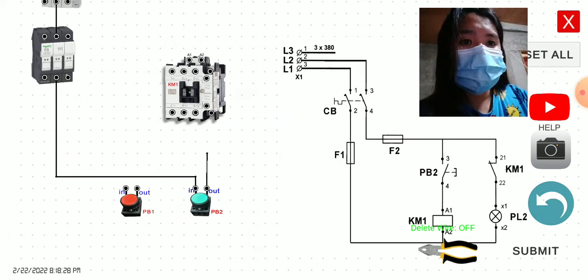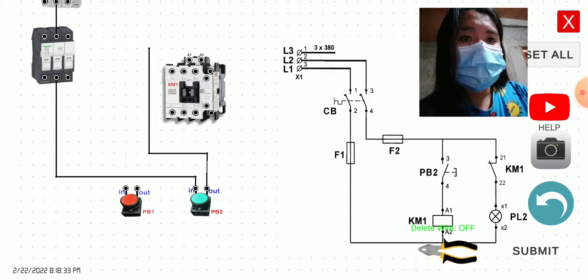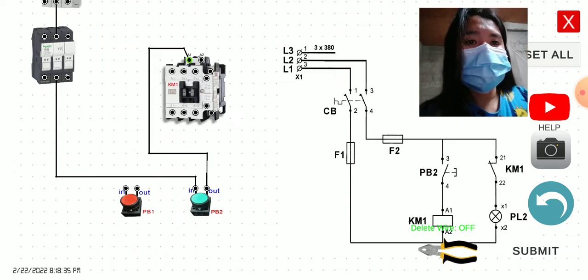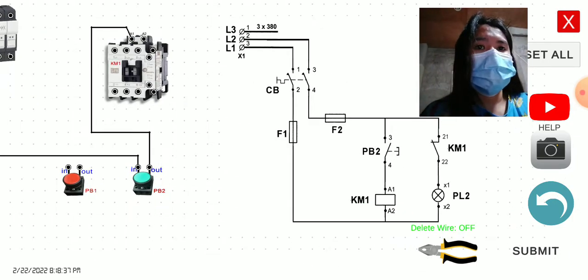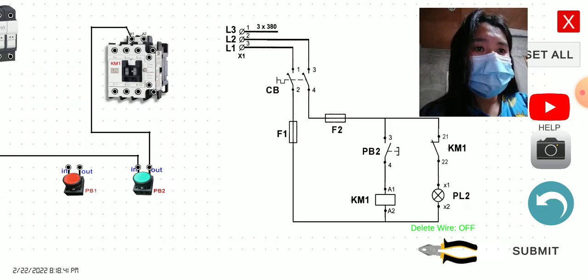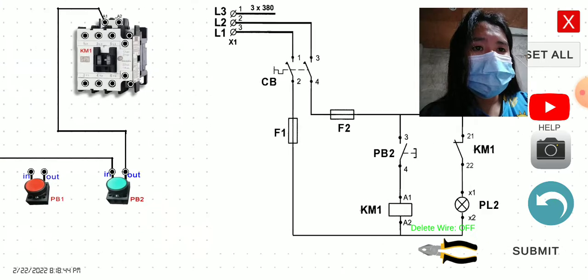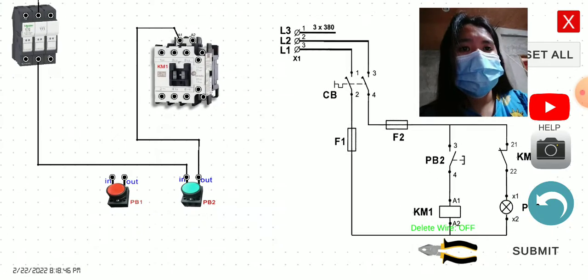Undo. After we connect our A1, we'll connect our A2 to our fuse 1. So let's connect.